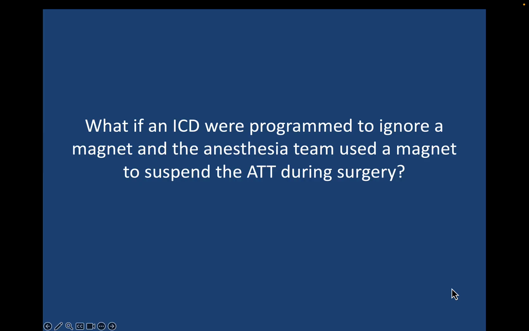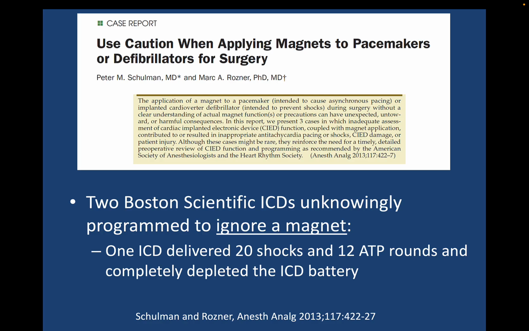So this is a small problem, but what you might ask yourself, what happens if somebody uses a magnet in a situation where the device is not going to respond to a magnet? And the answer is pretty straightforward. You generate a case report. Pete Schulman and Mark Rosner published this quite a long time ago, but there are other reports like this.